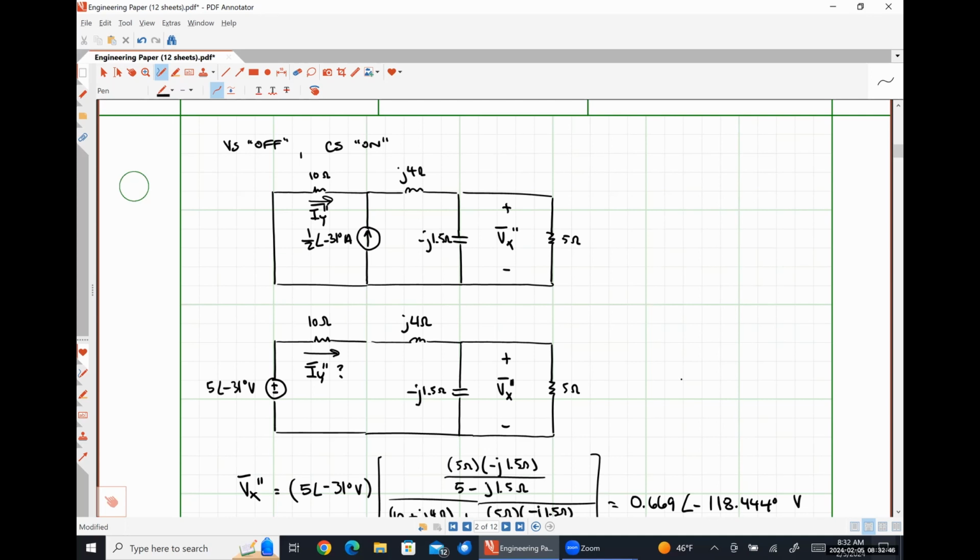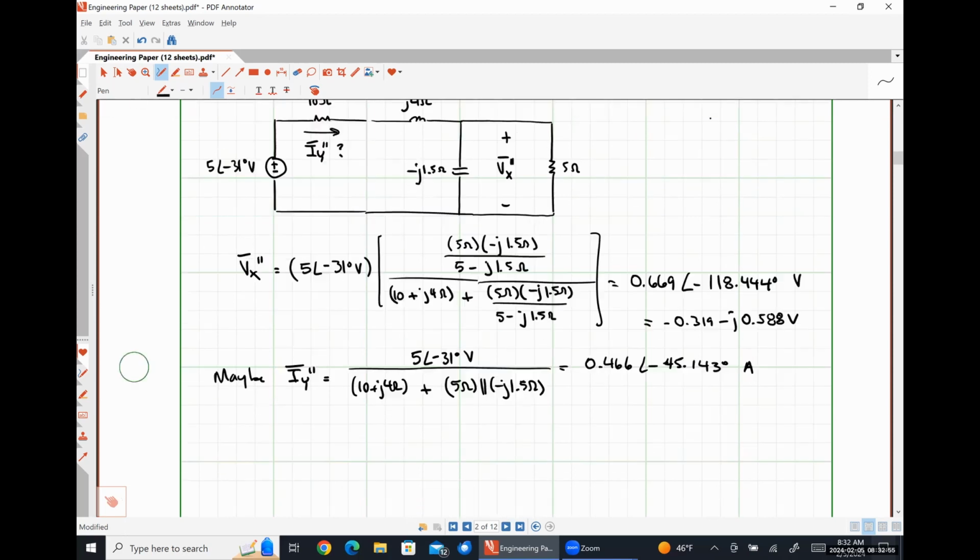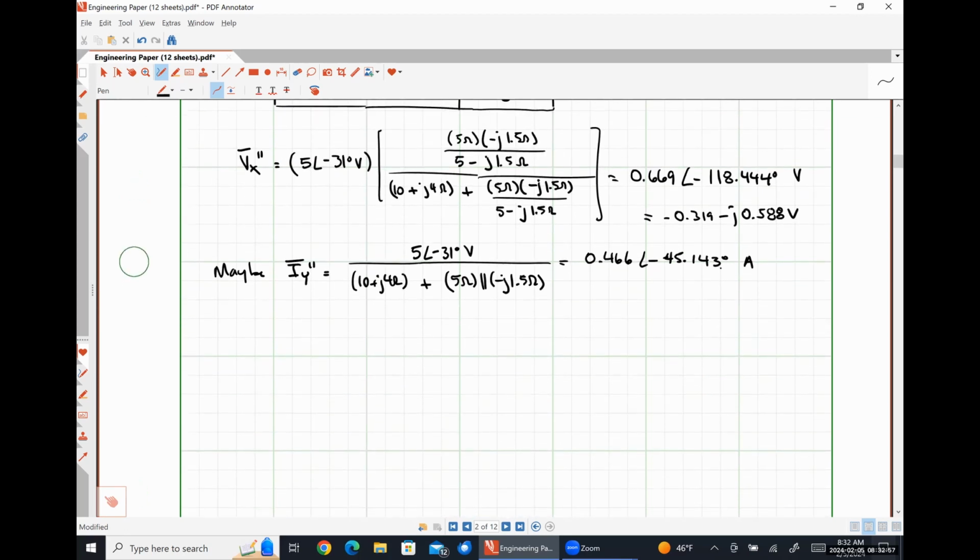So how might we solve for IY double prime looking at this top representation? Current division. So IY double prime is going to look like negative 1/2 angle negative 31 degrees amps. And then I'm going to have 1 over 10 ohms up here in the numerator.